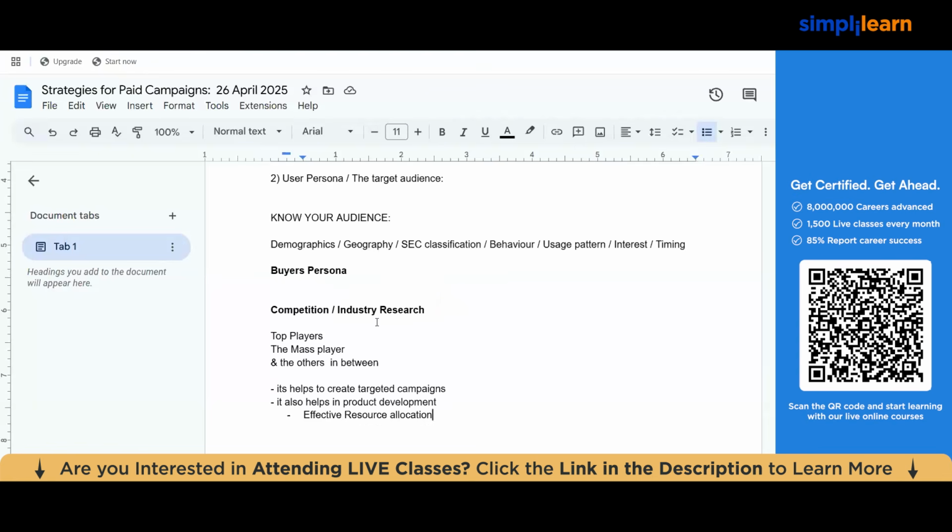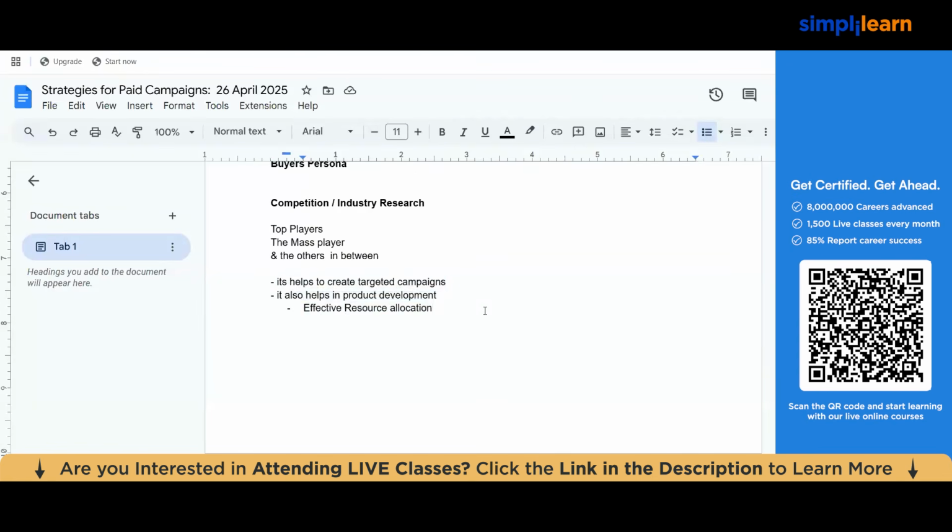It's an easy one, right? If you know all these things, you know what amount of money will go to this, what amount of money will go to that, what would be the percentage on which platform. If I have 100 rupees to promote, what percentage of that goes to which product, and what percentage of that should be on which platform, targeting which user type and everything else.